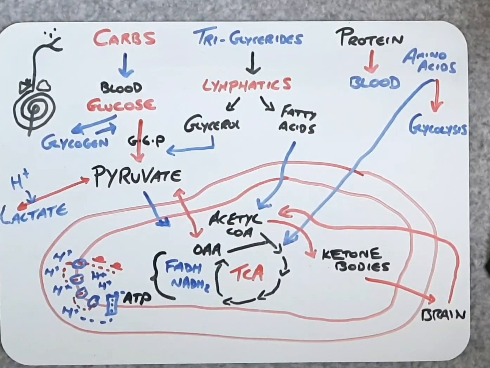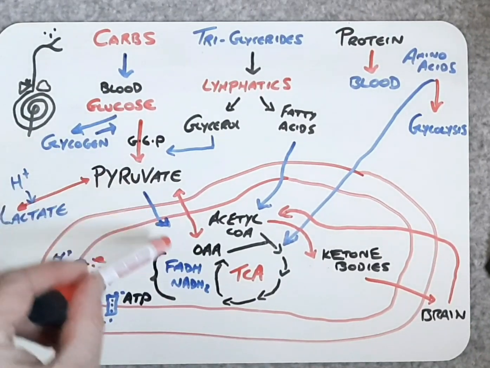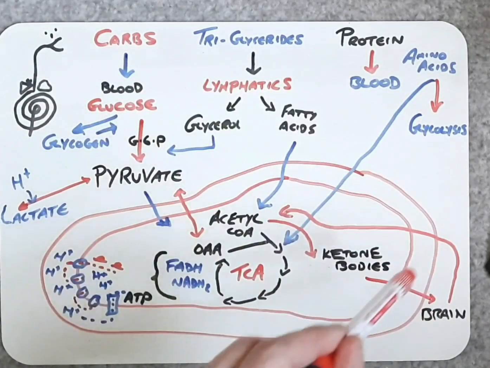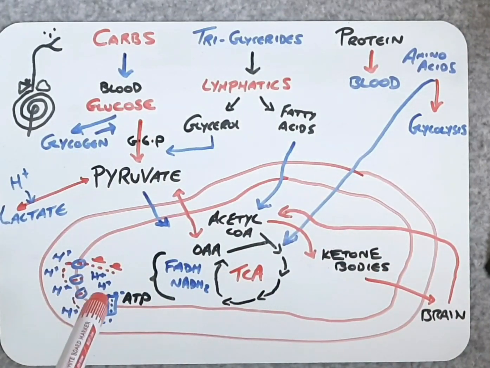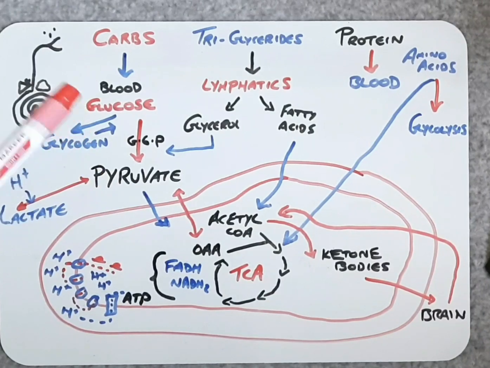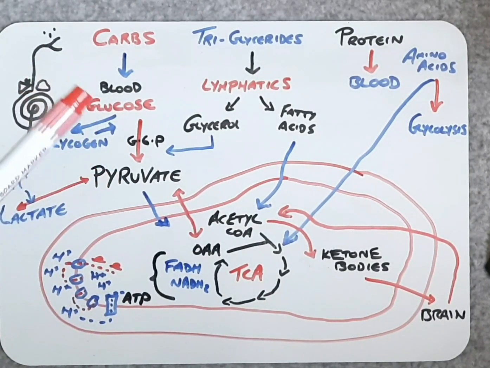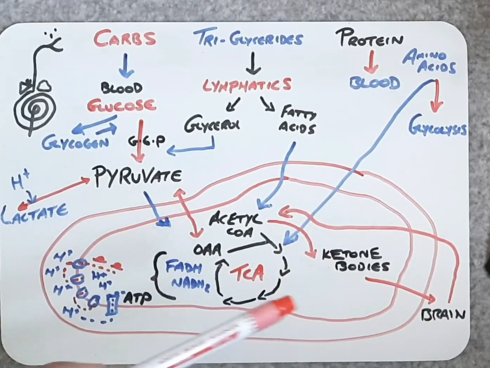Pyruvate is an easier molecule to get through that phospholipid bilayer and into the mitochondria, which is what we have here. This is the mitochondria with its double layer membrane. This is what we're after. Glycolysis and all these things take place outside of the mitochondria, in the hepatocyte, the cells of the liver generally, but then enters into the mitochondria to perform the Krebs cycle.